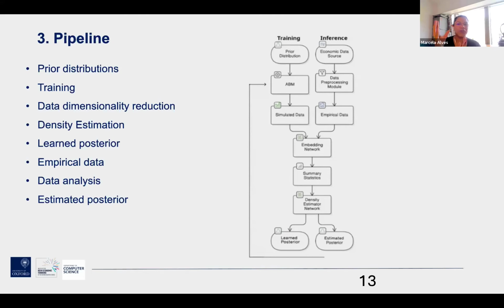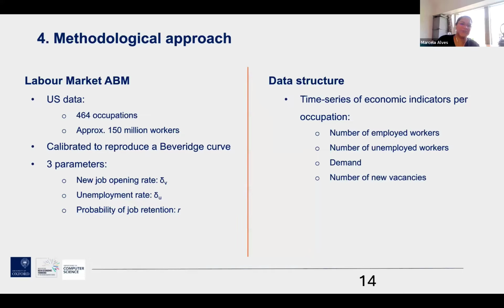And when we do this posterior estimation, depending on the real economic data, we have what we call here the estimated posterior, because we basically condition the learned posterior on real data. I know, confusing. But I hope we have time in the questions to do a better explanation of that.